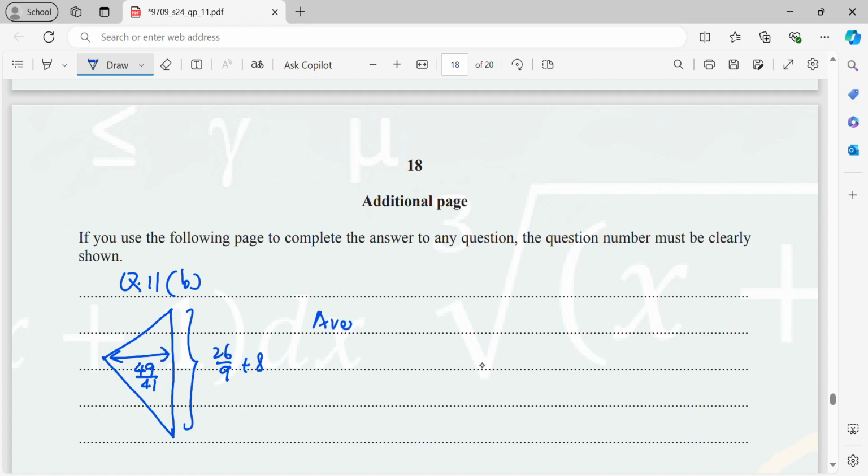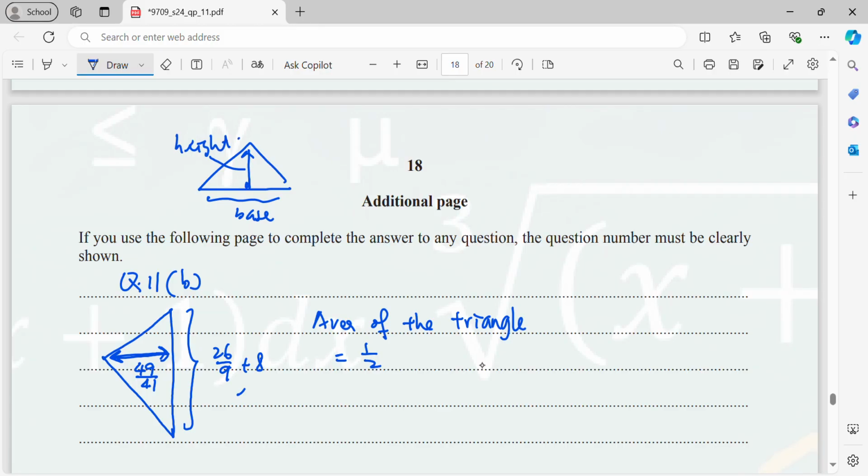Therefore, my area of the triangle is half. This becomes my base, here is my height. Here is my base, and this is my height. So it becomes half times base, 26 over 9 plus 8, times the height, 49 over 41. Ignore the minus, because we are counting the magnitude.